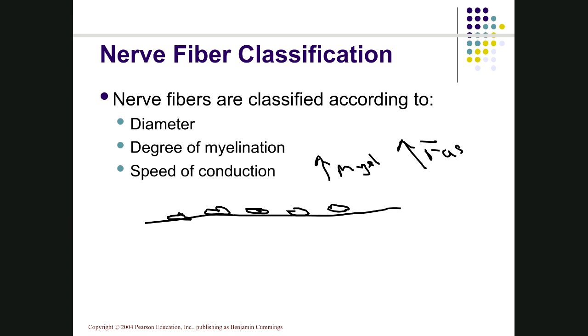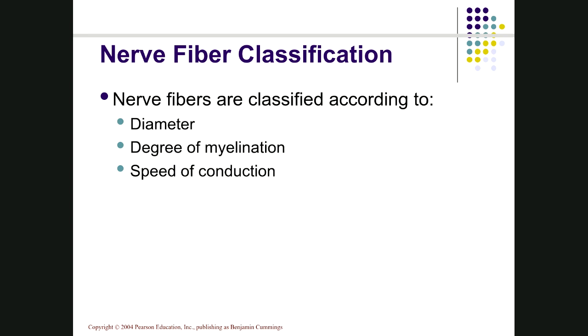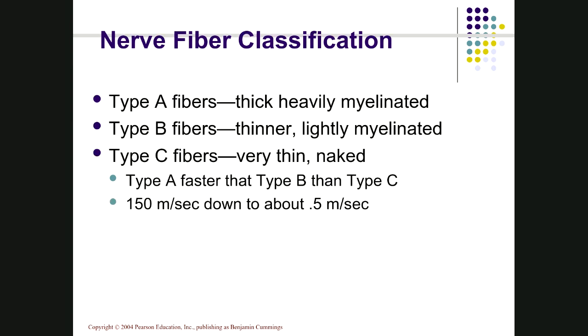And so different neurons have different velocities, they have different speeds, and so we classify them. And they're classified into 3 groups: type A, type B, and type C. A is the fastest, B is less fast, and then C is the slowest.